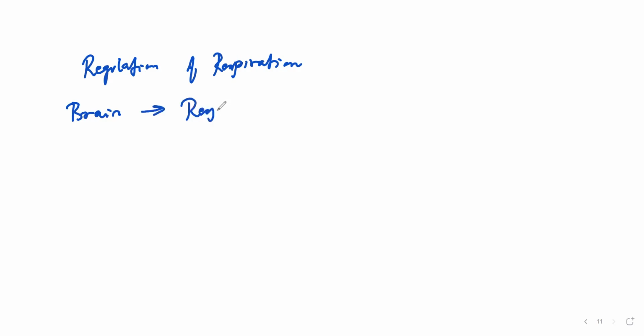So the last part of this chapter is regulation of respiration. Okay, the respiratory centers, where respiration is regulated, are obviously in the brain. In the brain, you have certain respiratory centers.